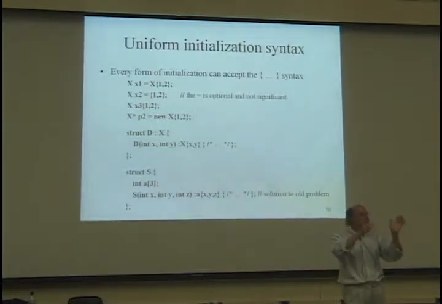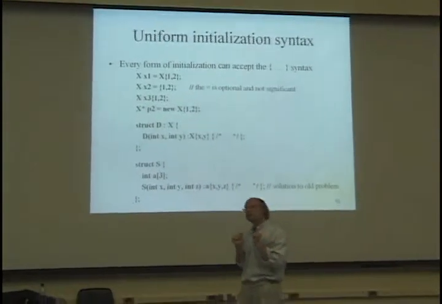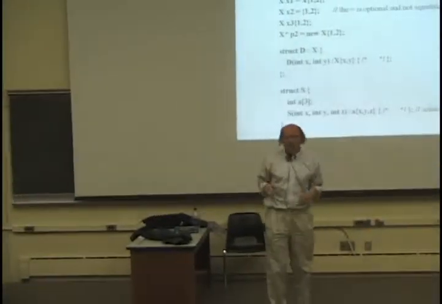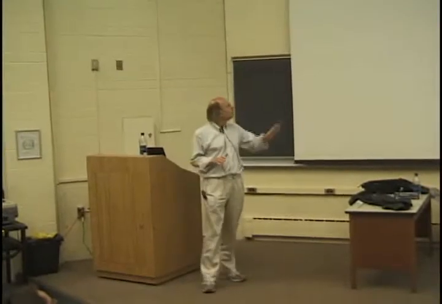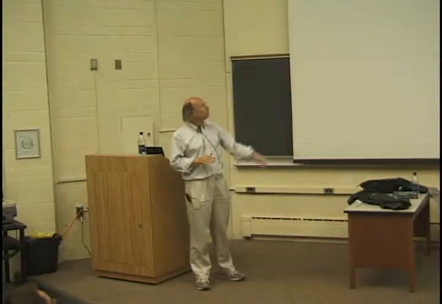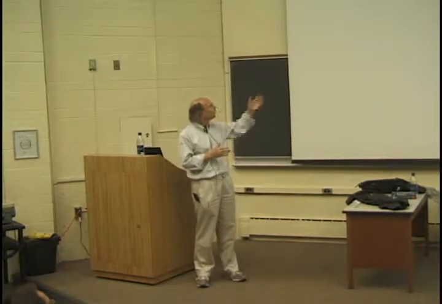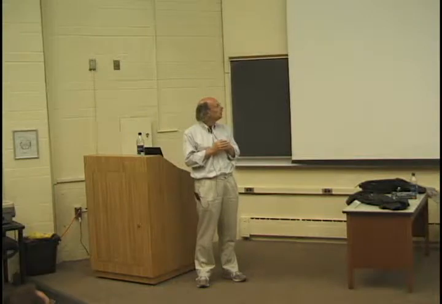In some contexts, like when you make a new thing on the free store, you have to use the parentheses. In other places, you have to use curly braces and such. So, okay, let's define this so that curly braces work everywhere. So you can now write all of these things here, and it'll work. So I can initialize whatever type X is with a list like that.